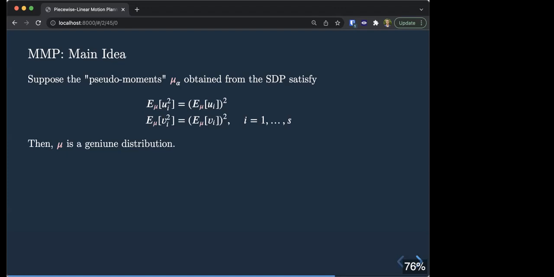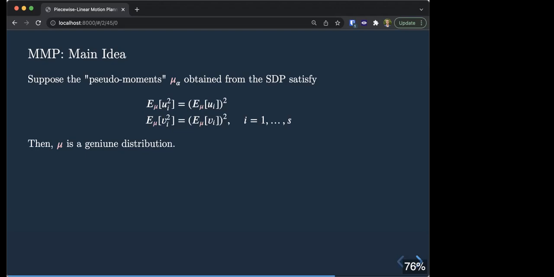Basically, the variance of this distribution is 0. Meaning that this distribution is concentrated around a single path, and you can easily get that path by, for example, looking at the expectation of ui and vi. Whenever you find that the variance of some distribution is 0, it means it's concentrated around a single solution, and you can take that solution to be your optimal solution.